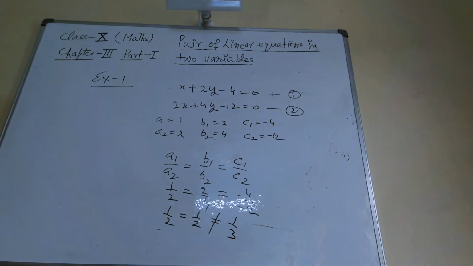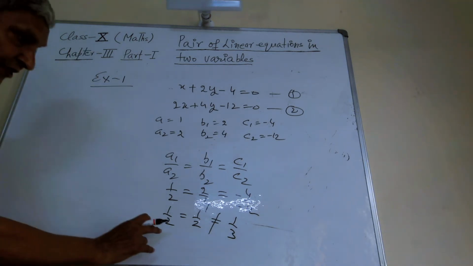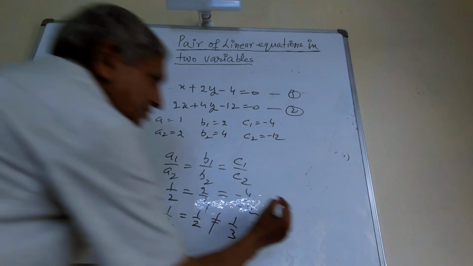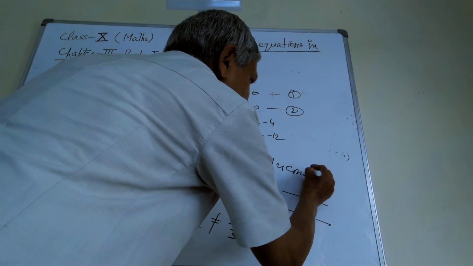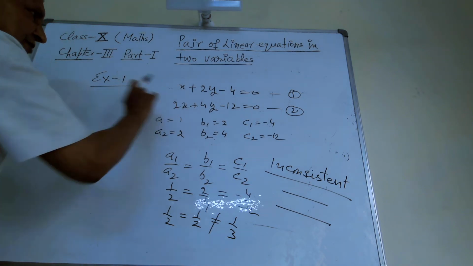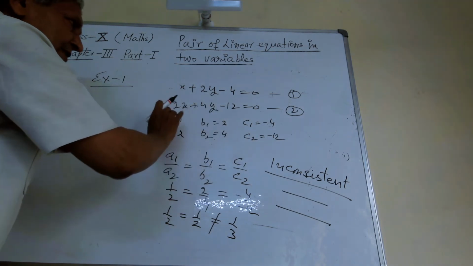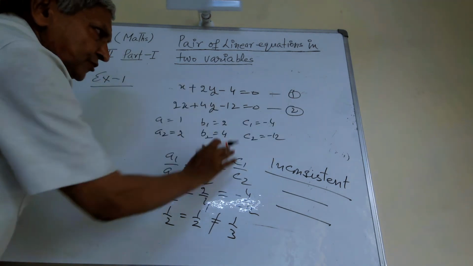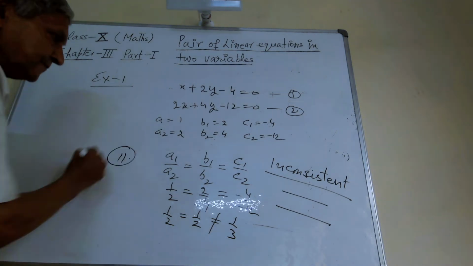Hence this is the second condition, in which the lines are parallel. There is no solution, which means inconsistent. These equations are inconsistent and have no solution. Therefore, there is no need to try to find the solution of these equations because we have checked the condition.